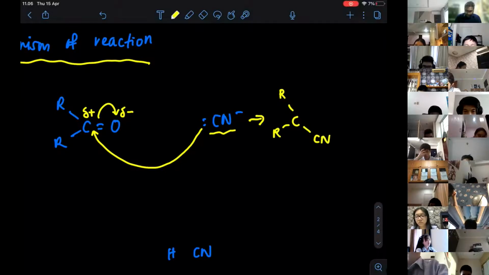And now from the double bond, the electron went to the oxygen. So it means that you are going to have O, and to show that the electron went to oxygen, I put another pair like this, and then put negative. This is the intermediate because the electron went towards the oxygen. So I'll just put it as intermediate.